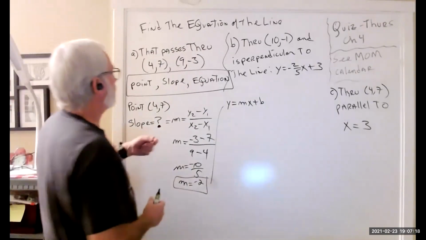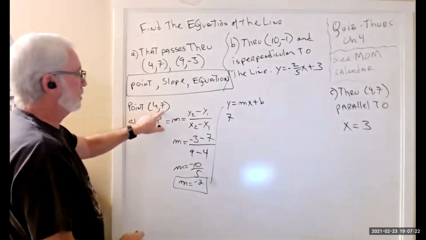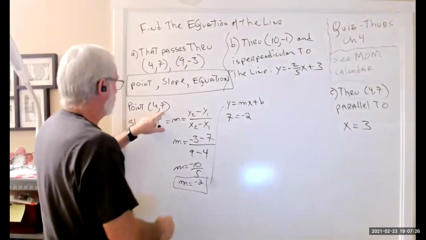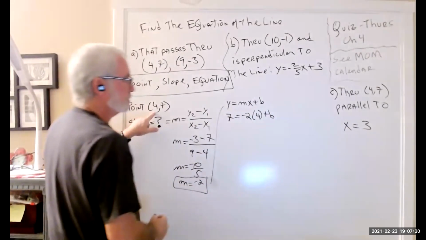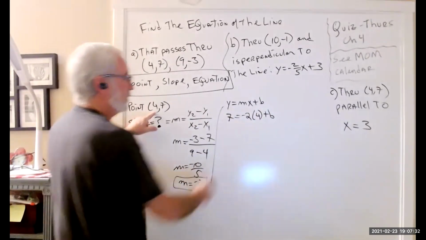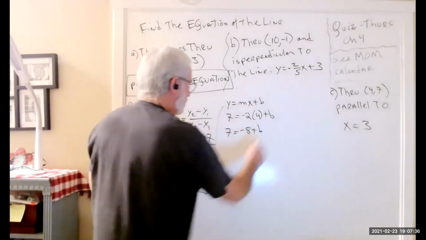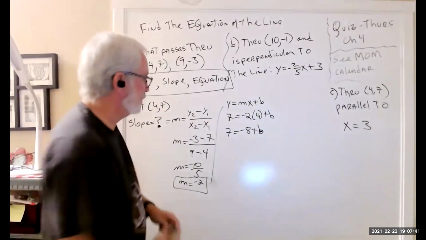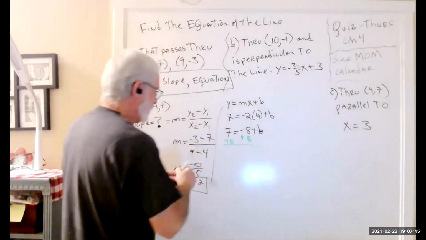Okay, so we plug in, what do we know? Do I know a y value? Yeah, 7 right there. M, -2, x, 4 plus b. So that's 7 equals -8 plus b. Okay, if I add 8 to both sides to get b alone, I get 15 equals b.